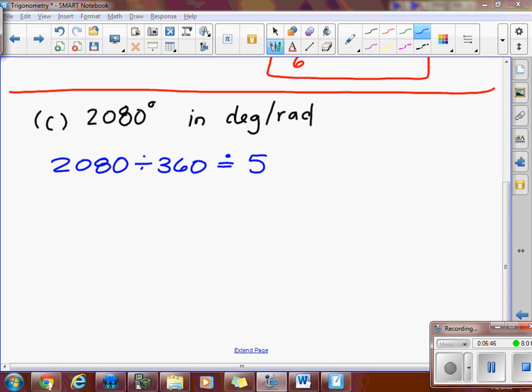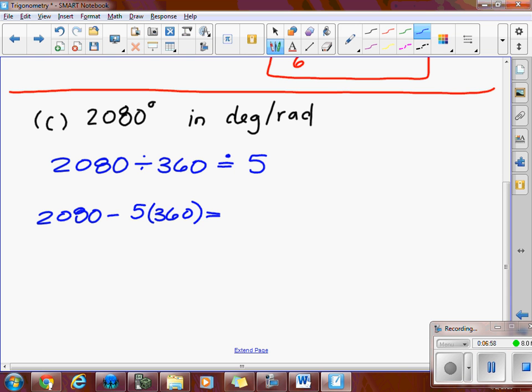So if I started with 2080 degrees and subtracted 5 complete rotations of 360 degrees, what's left over? Because that would be my principal angle. If I do that, I'm left with 280 degrees.